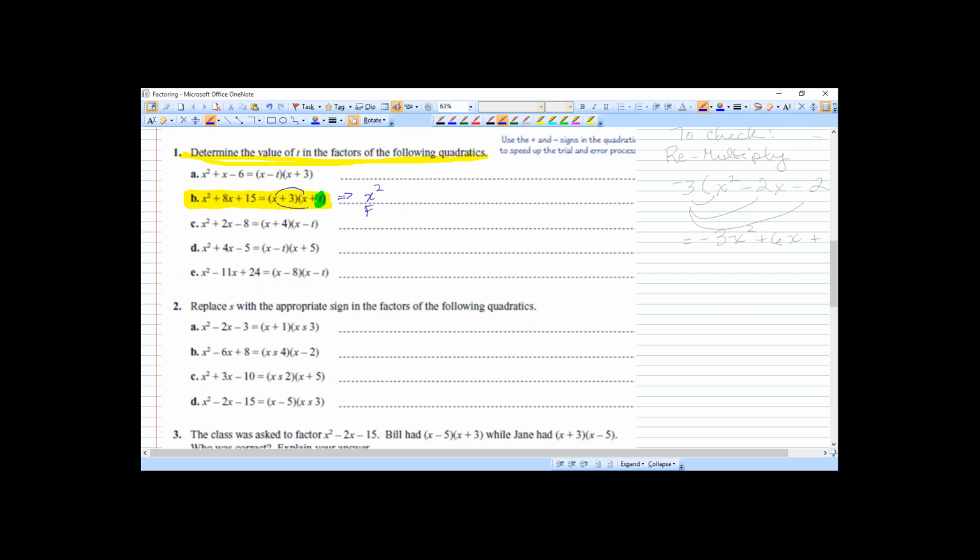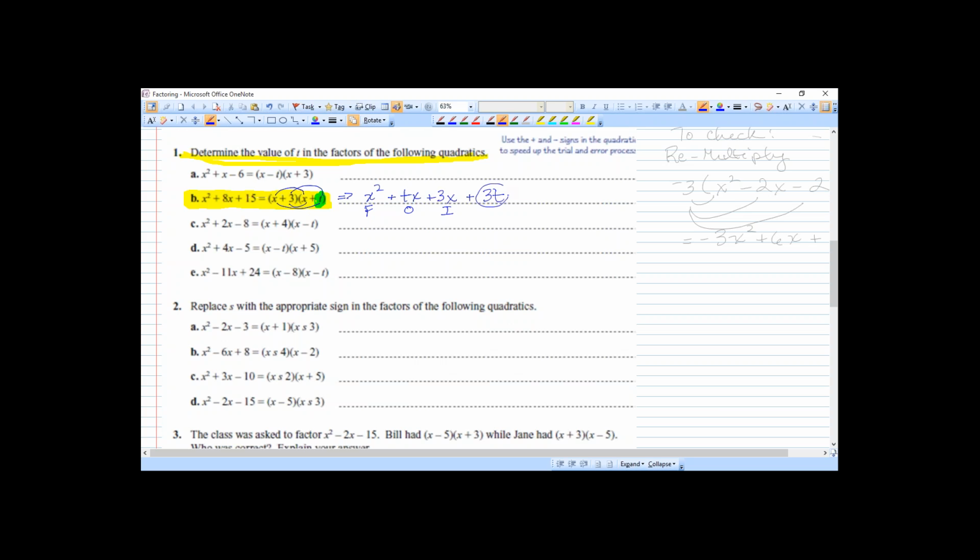Outer would be t times x, plus tx. We don't know what t is. Inner is 3x, just going over the FOIL with it. And last is 3 times t.